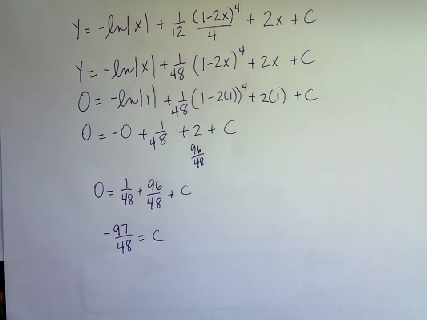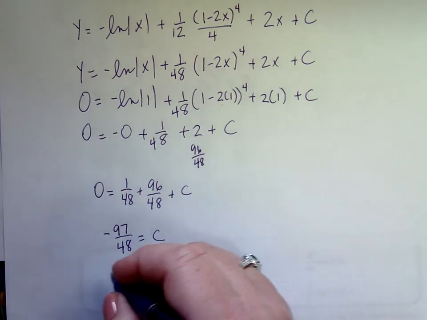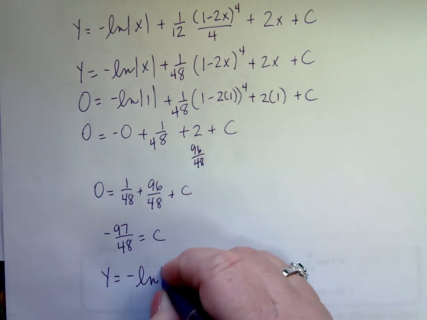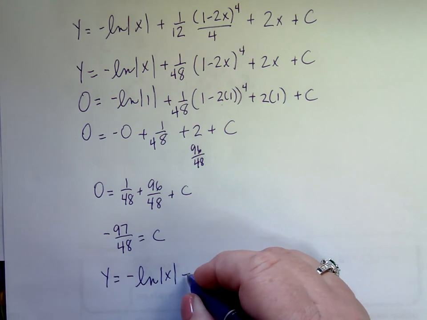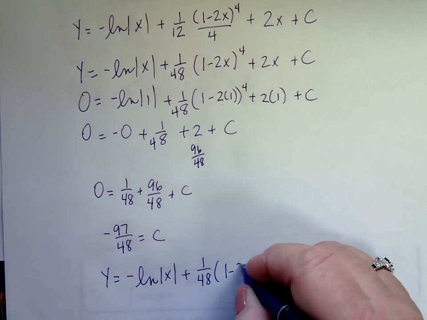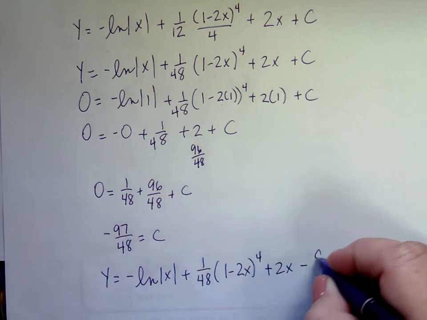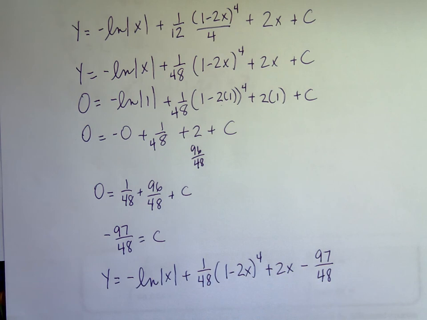At the top of the screen here, this is what my y equals. And so now I have figured out that y equals negative ln of x plus 1 over 48, get it right, times (1 minus 2x) to the 4th plus 2x minus 97 over 48. All right. That, my friends, is the answer to number 3.